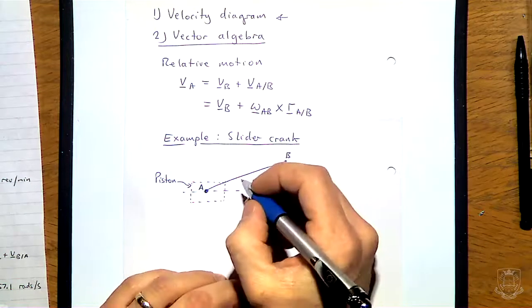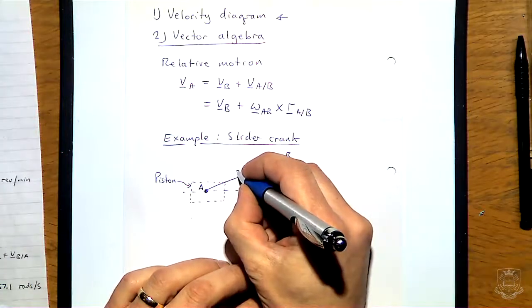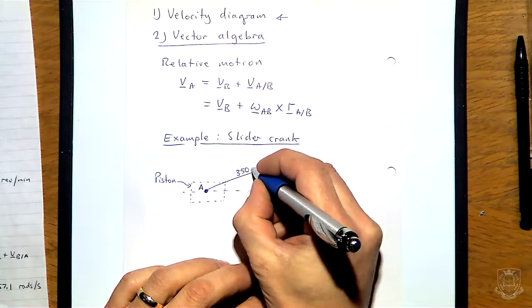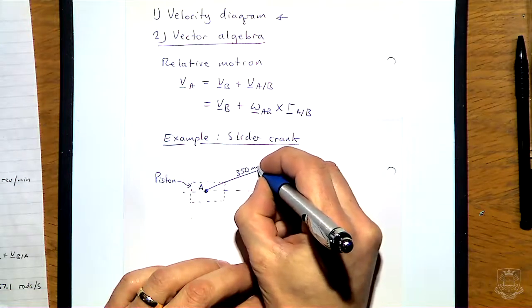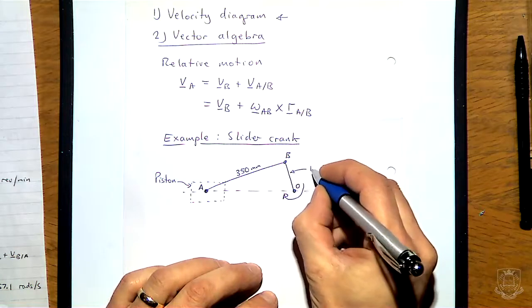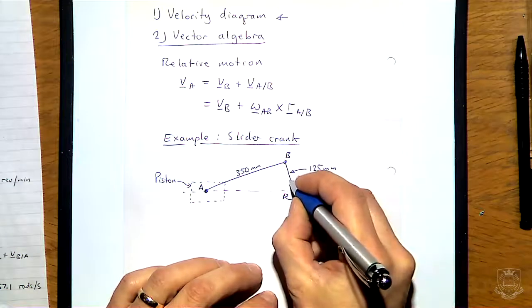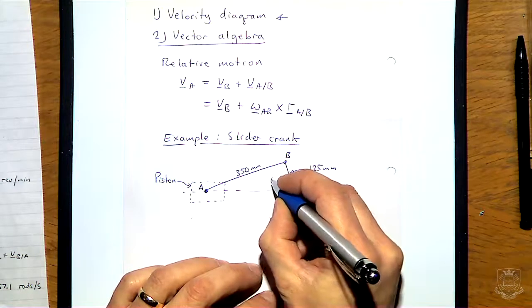Okay, so to give this some meaning, we'll give some dimensions as well. We'll have 350 millimeters along here. This will be 125 millimeters. And this angle in here will be 60 degrees.